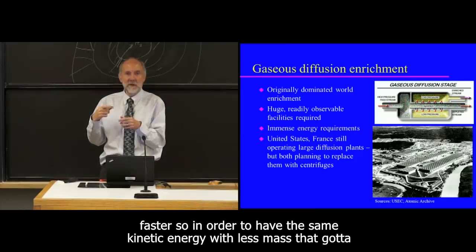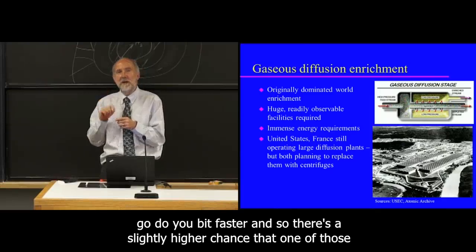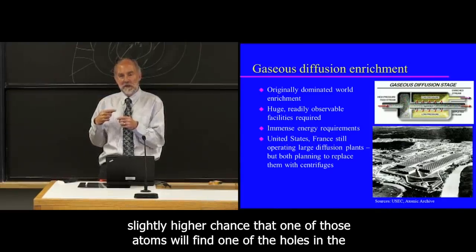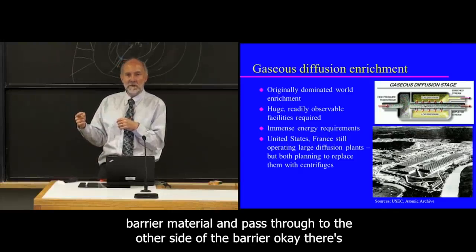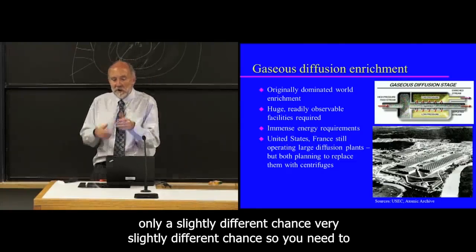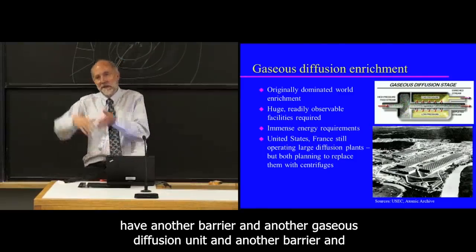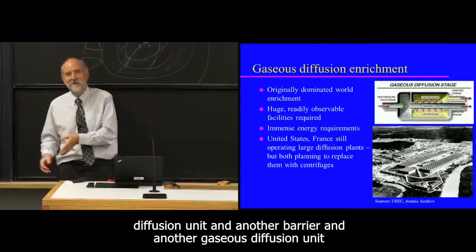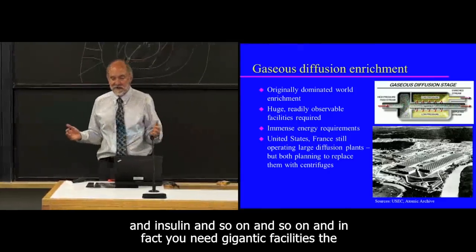So in order to have the same kinetic energy with less mass, they've got to go a teeny bit faster. And so there's a slightly higher chance that one of those atoms will find one of the holes in the barrier material and pass through to the other side of the barrier. But it's only a very slightly different chance. So you need to have another barrier and another gaseous diffusion unit and another barrier and another gaseous diffusion unit, and so on and so on. And in fact, you need gigantic facilities.